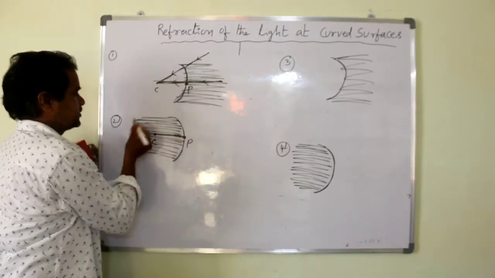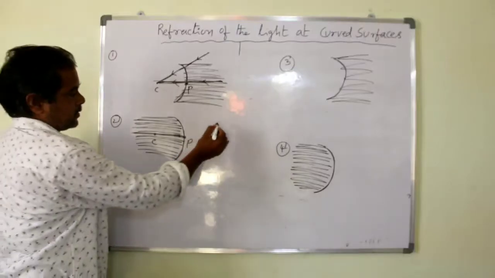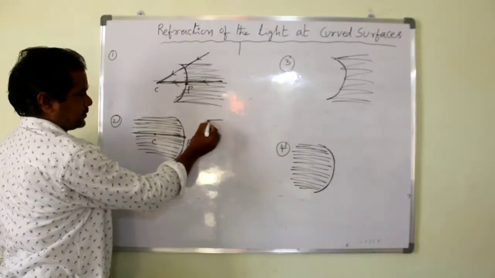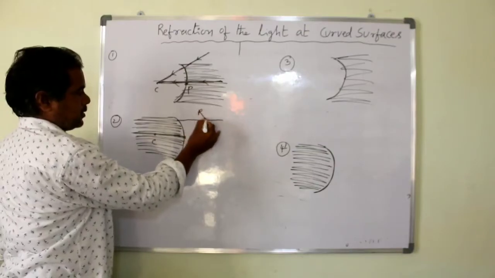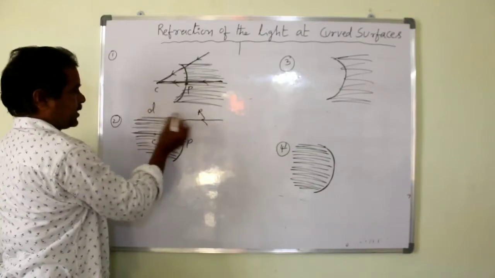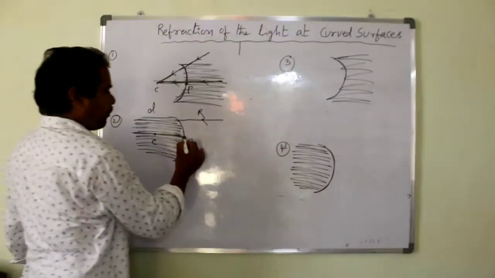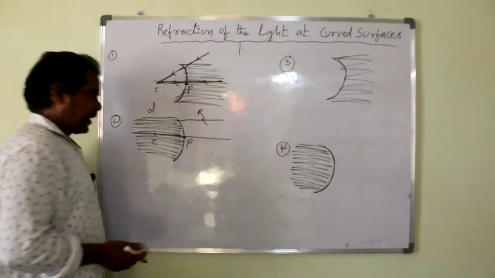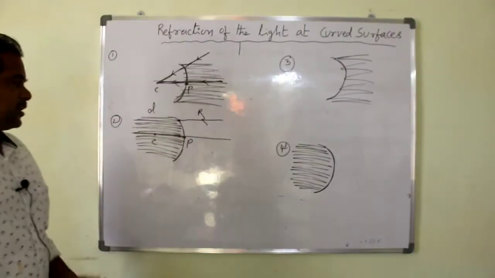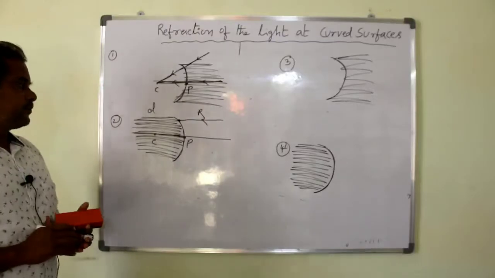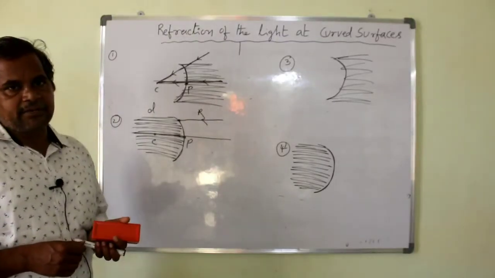In this case, for example, any light ray which travels from rarer medium to denser, parallel to the principal axis and incident at any one point of the curved surface, at that time what is the behavior of the corresponding refracted ray?